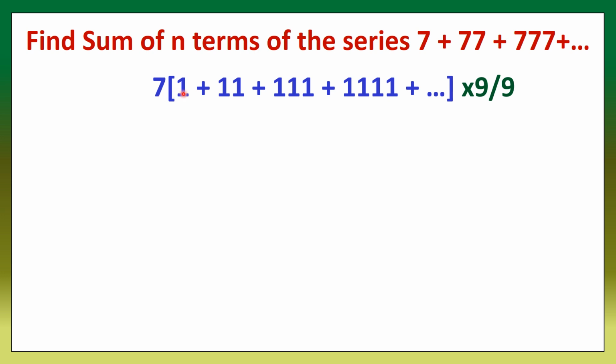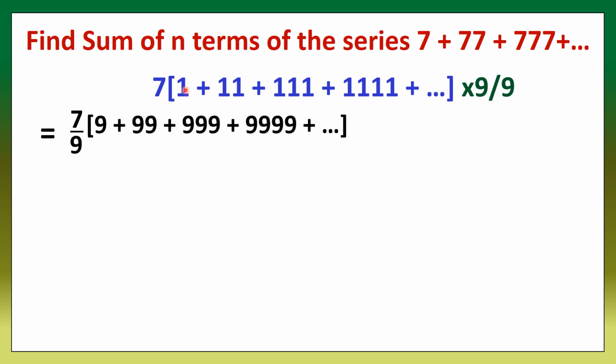Here in this case, the whole thing is multiplied by 9 and divided by 9. Let us see how it is done. See, 1, 11, 111 and all these terms are multiplied by 9. We get 9 plus 99 plus 999 plus 9999 plus dash. So, multiplication of the numerator is over, and divided by 9.